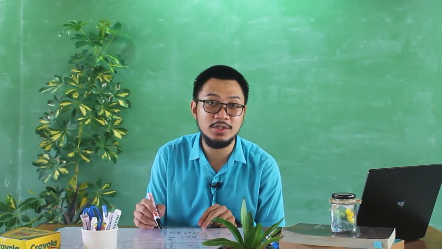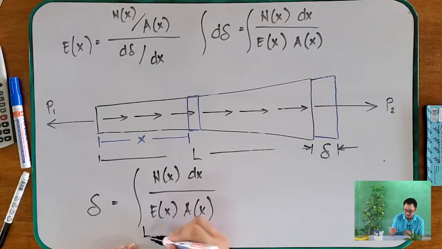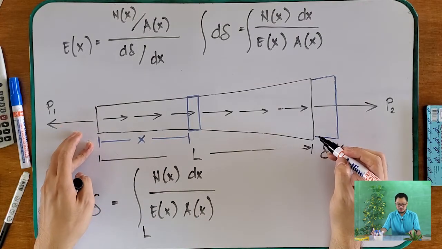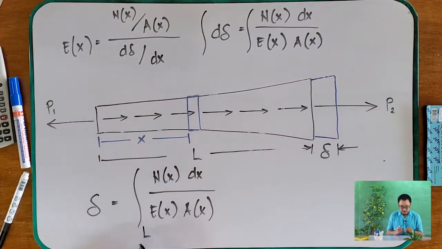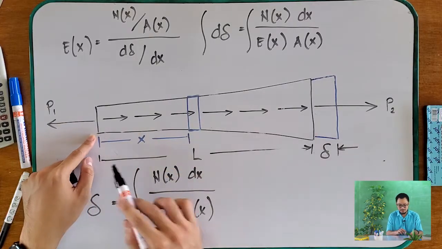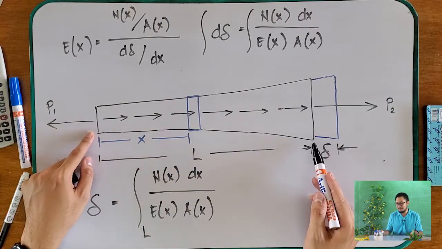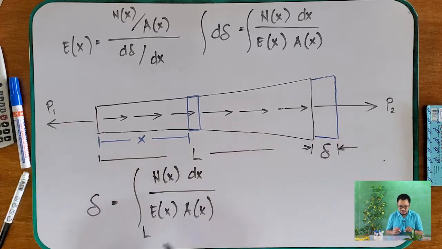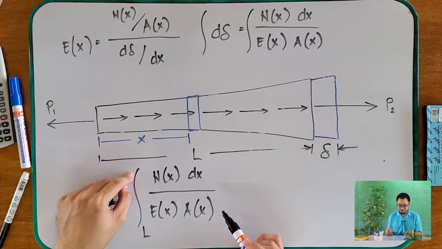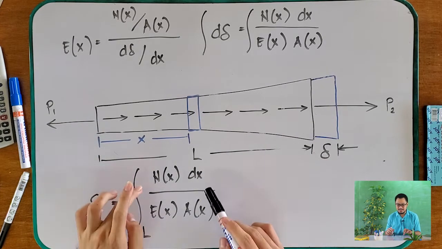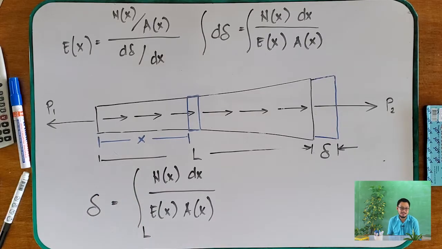Okay? And then you should evaluate it over the whole length of the beam. So if this is your length, let's say the beam is 5 meters, therefore this is from 0 to 5.